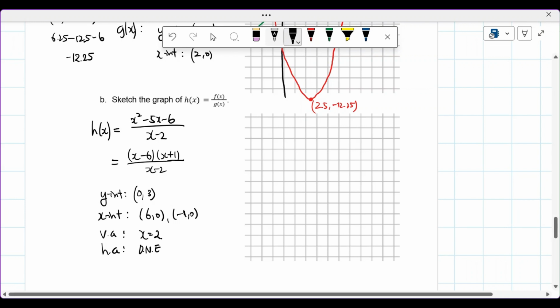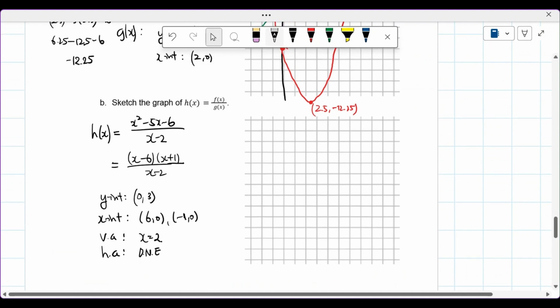Instead, we're going to have the oblique asymptote. How do you find the oblique asymptote? We just need to do the long division. We need to do the polynomial division of x squared minus 5x minus 6 divided by x minus 2. X goes into x squared x times. Subtract. Negative 5x minus negative 2x is negative 5x plus 2x, so it's negative 3x.